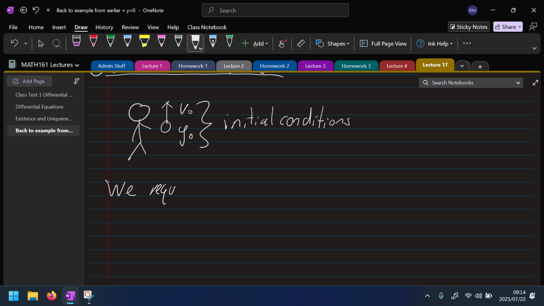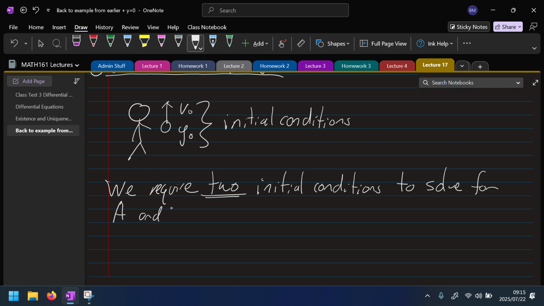So we require two initial conditions to solve for A and B, since there are two unknowns.